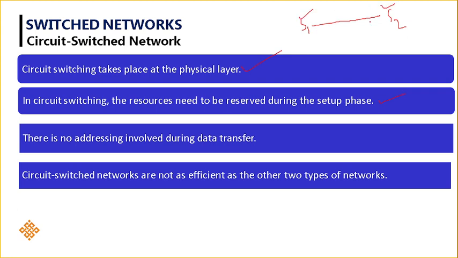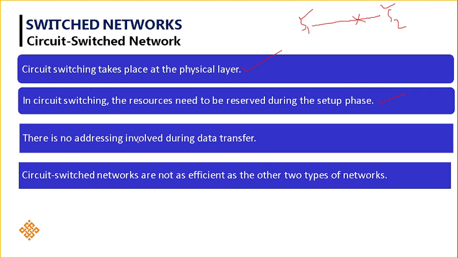In case the data transmission is completed and any one of the systems does not tear down the connection, then those resources will simply be wasted. So once the data transmission is completed, one of the stations needs to close the connection, meaning we are releasing the resources. If you don't close the connection, then those resources will be reserved for those two systems for lifetime.